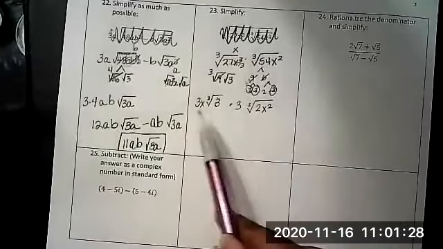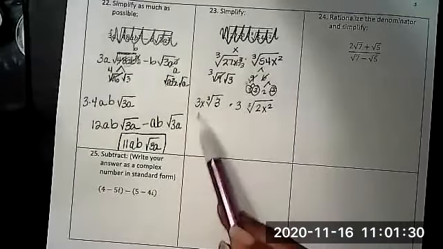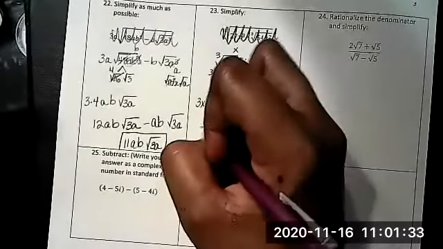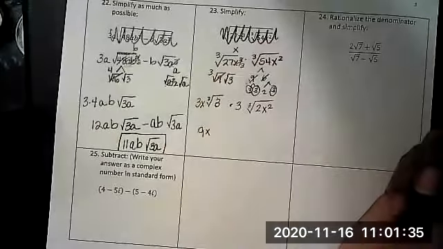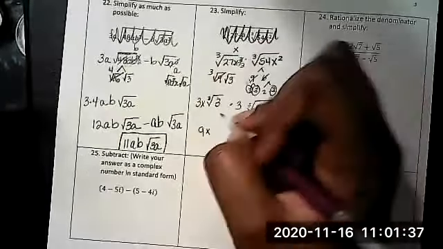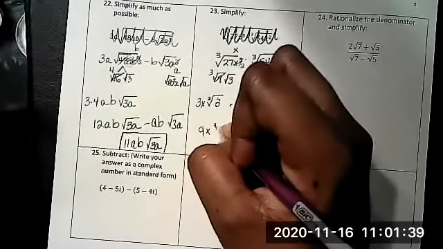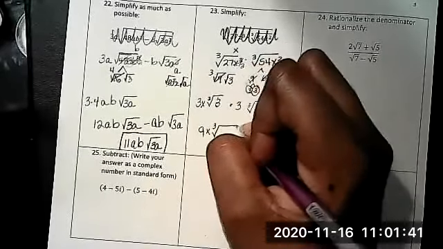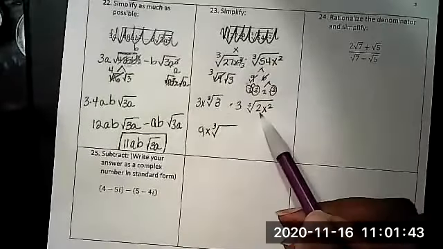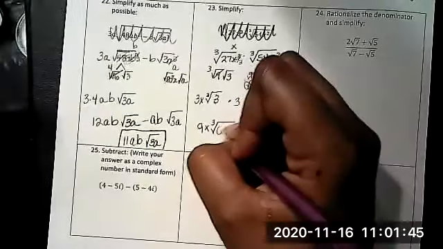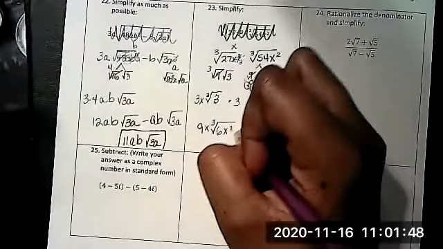Okay, so we're multiplying these two. So all the outside numbers multiply together. This now becomes 9x. Okay, and then the cube root of 3 and then 2 is 6. 3 times 2 is 6, and then x squared has to stay inside.